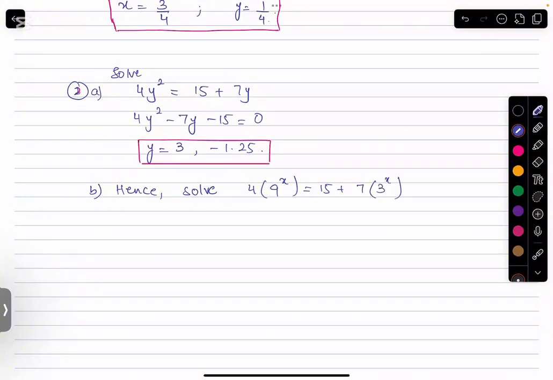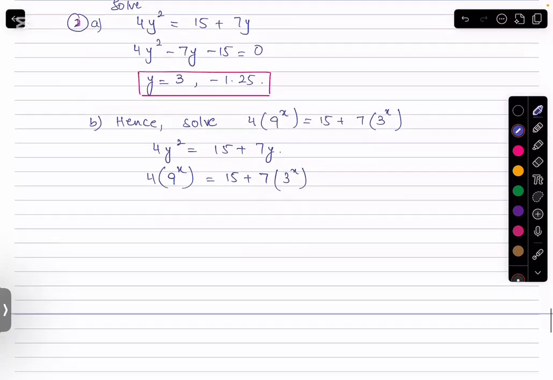Okay, so what I can see here is that hence solve this equation, which means सिर्फ y की जगह पे initially जो आपके पास equations आई हुई थी, they said it was 4y square, which is equals to 15 plus 7y. Just in place of y, they have written a 9x. Y square is written as a 9x, and then y is written as a 3x.